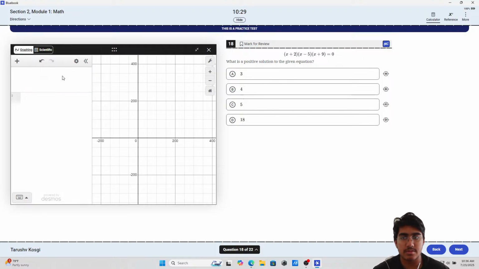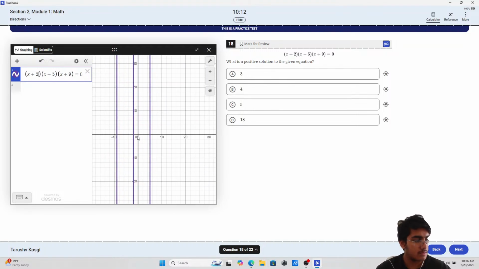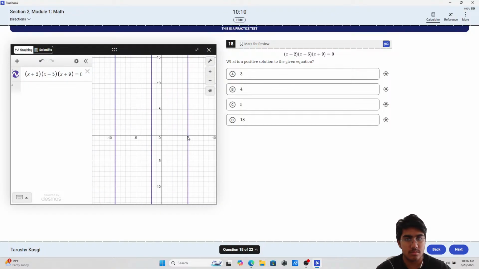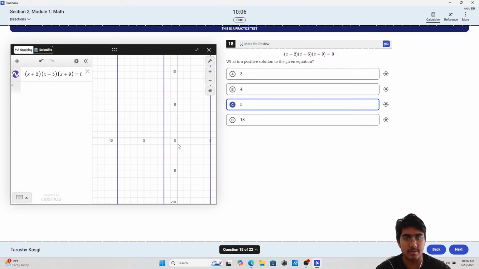What is a positive solution? Okay, so 5 looks positive.